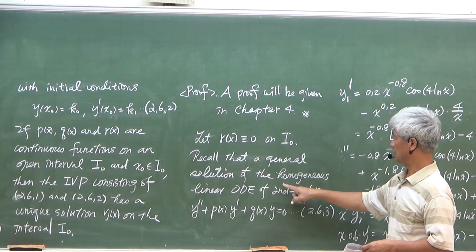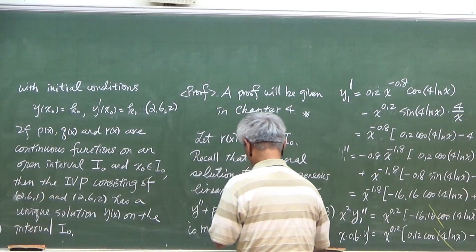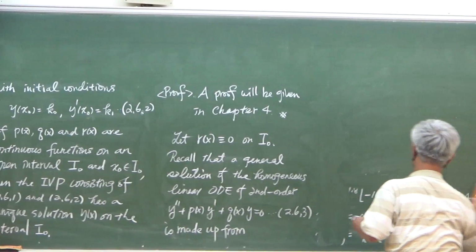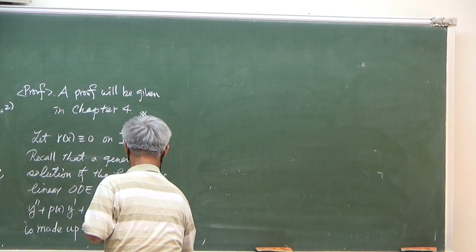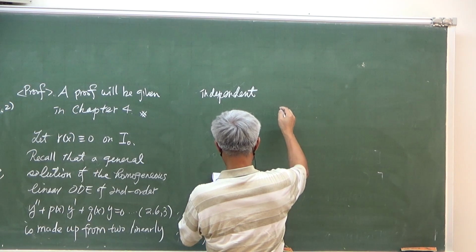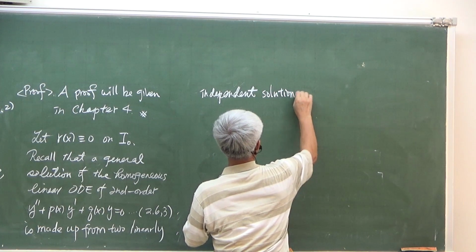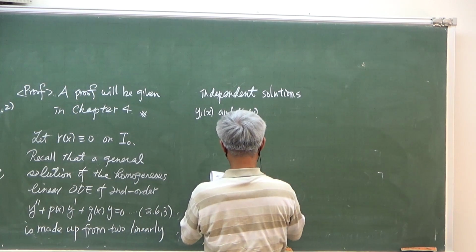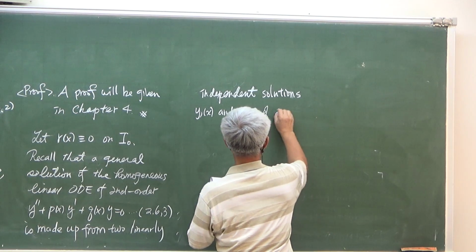Alright, so a general solution of the homogeneous linear ODE of second order is made up from two linearly independent solutions of 2.6.3.